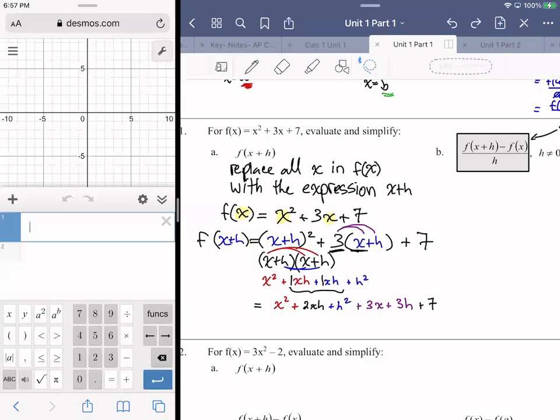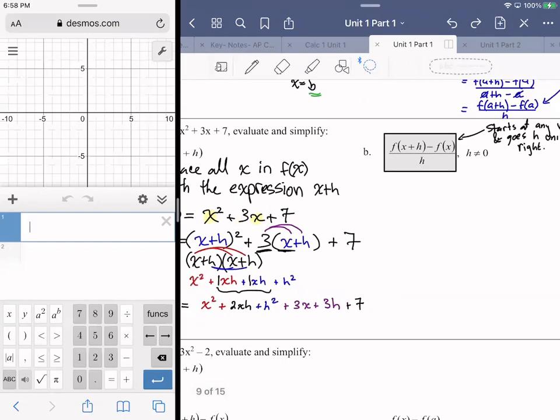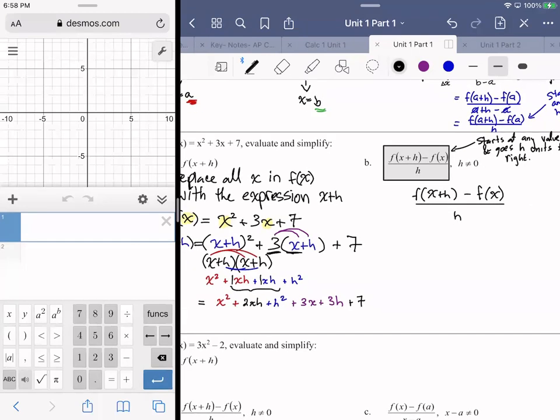So what we're going to do is take this difference quotient, f of x plus h minus f of x all over h, and make some substitutions. All right. First thing I notice, x squared plus 3x plus 7.